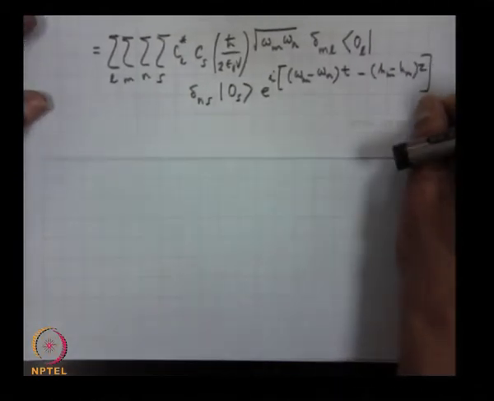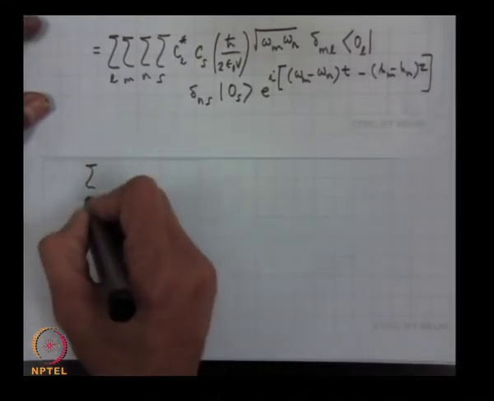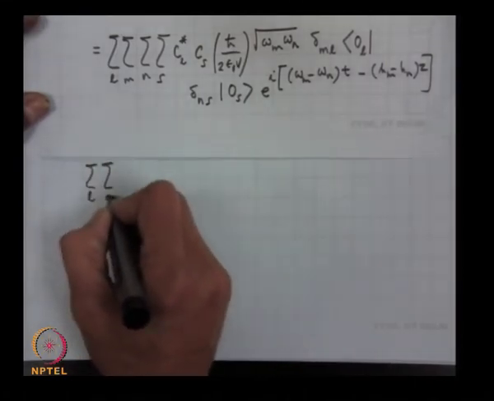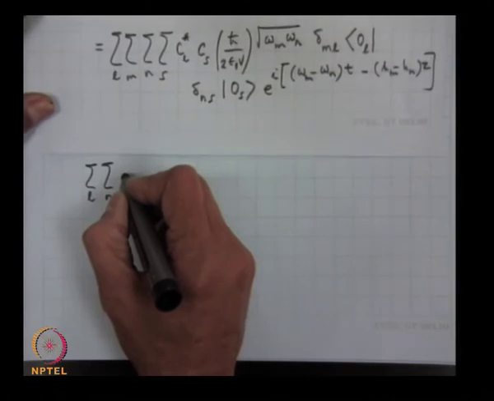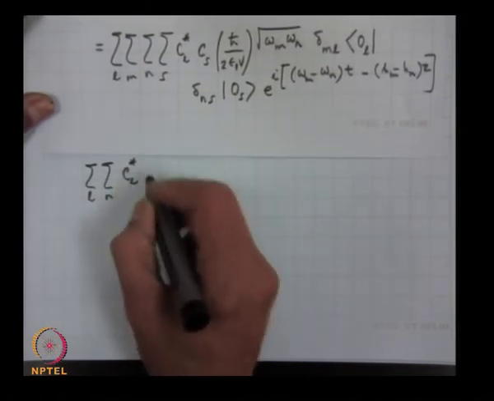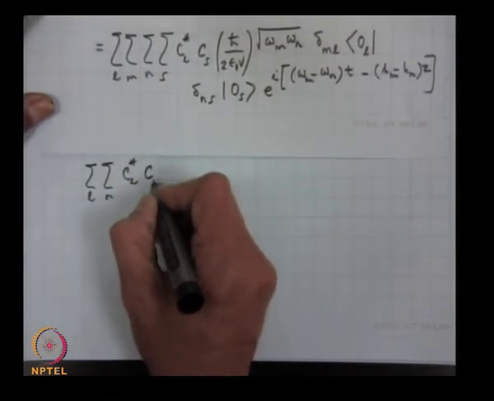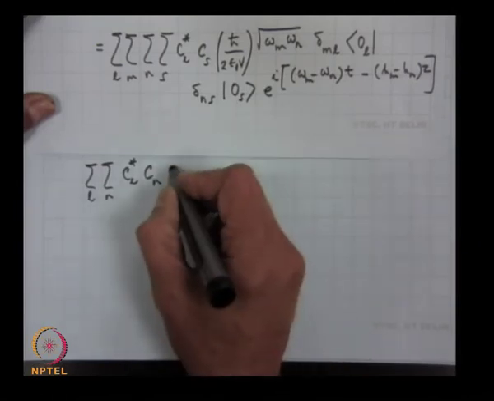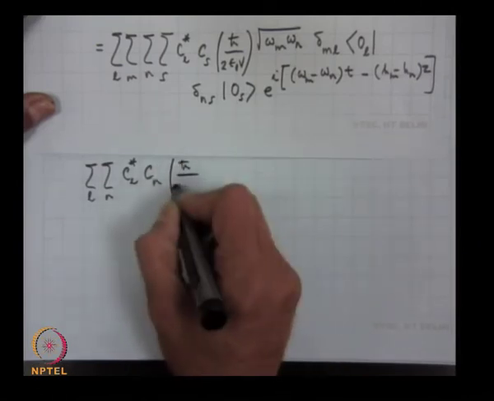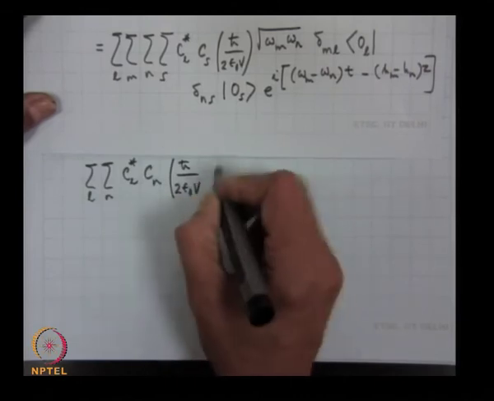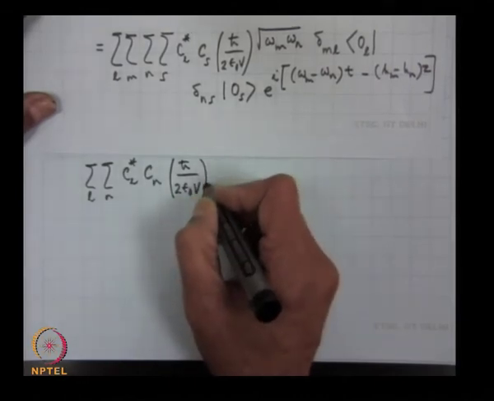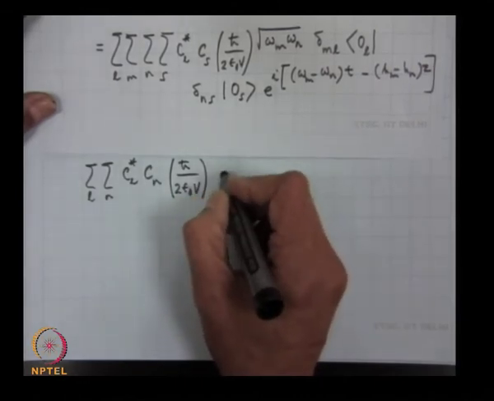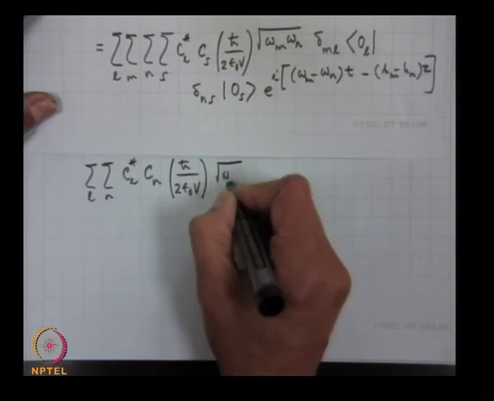Okay. So I will have sigma l, sigma n, c_l star c_s becomes c_n, n is equal to s, h cross over 2 epsilon 0 v, root of omega_l omega_n.